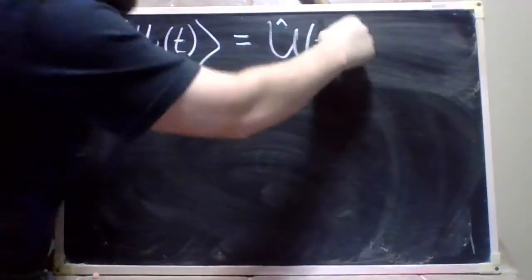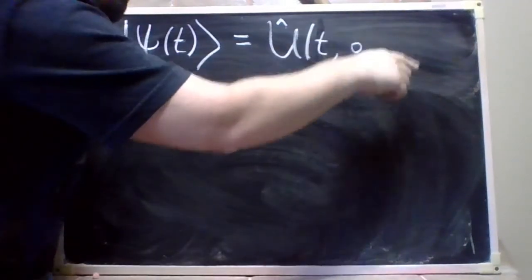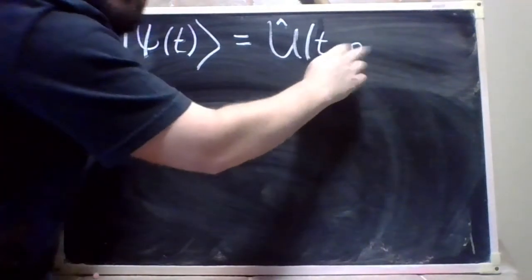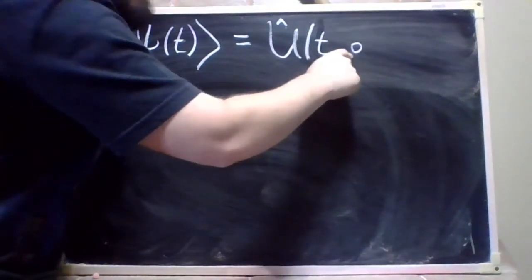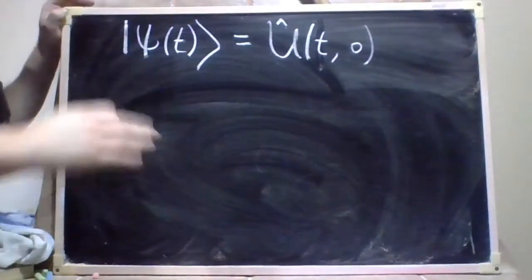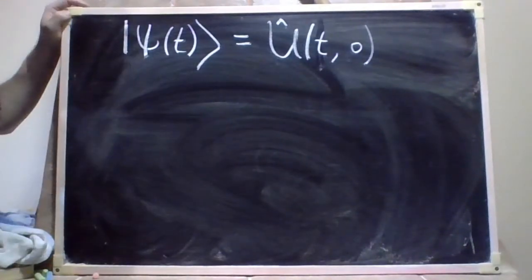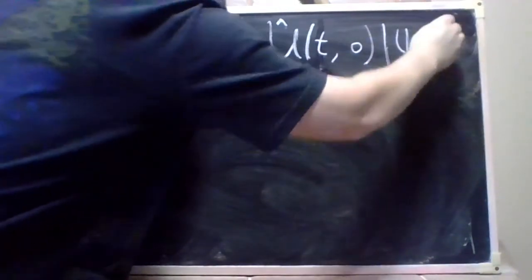You can plug in another time t subindex 0, the initial time, but I'll write 0 for the initial time here. So it applies to the function at the initial time 0.